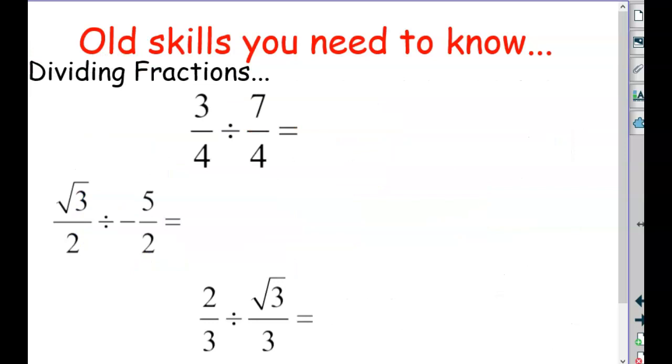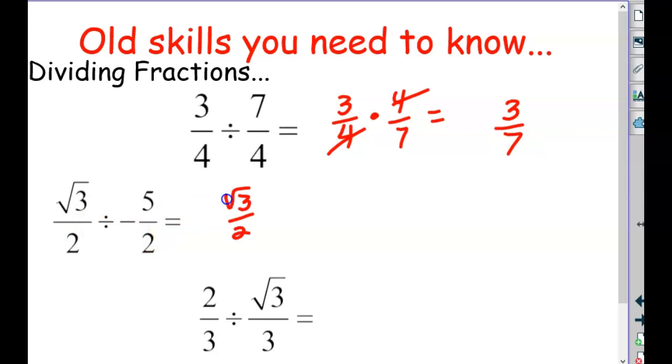All right, real fast, dividing fractions. This is just to show you something that happens, guys. Look at this real quick. What do you do when you divide fractions? You flip the second one over. So if I had this, I'd flip the second one over.